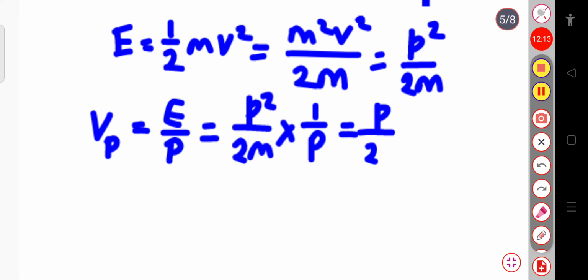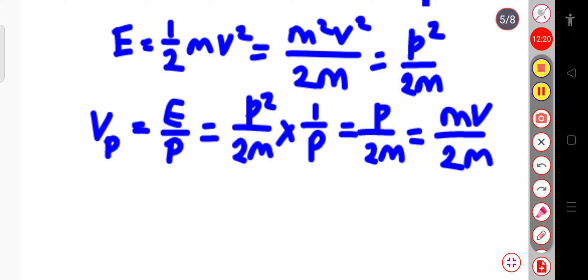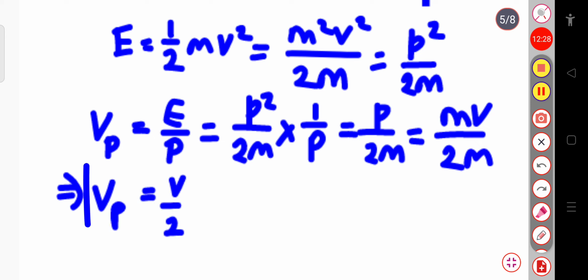Or simply we can write P is nothing but mass into velocity mv divided by 2m. So m gets cancelled, that implies Vp equal to V divided by 2. That is, the velocity of the particle is getting halved.